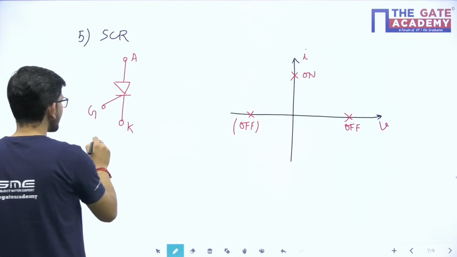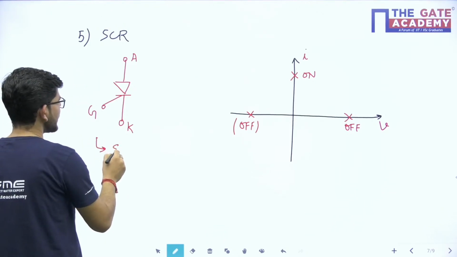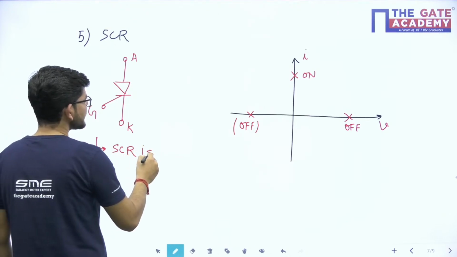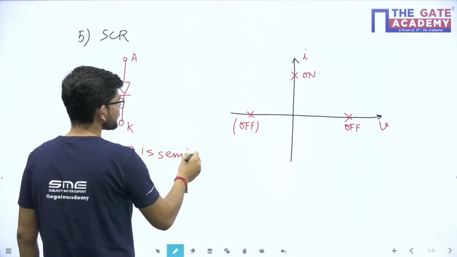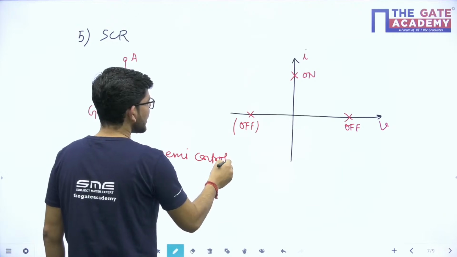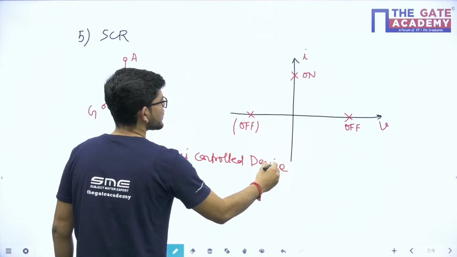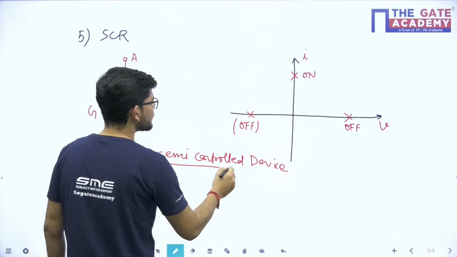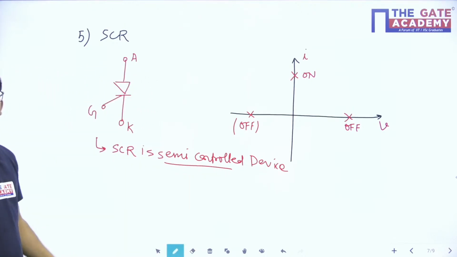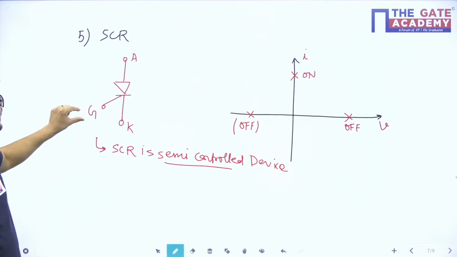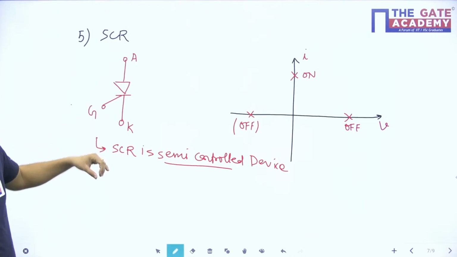So important points about SCR. SCR is a semi-controlled device. This has been asked in the GATE exam. Why is it a semi-controlled device? It can be turned on by application of a gate signal, but it cannot be turned off with the application of a gate signal.